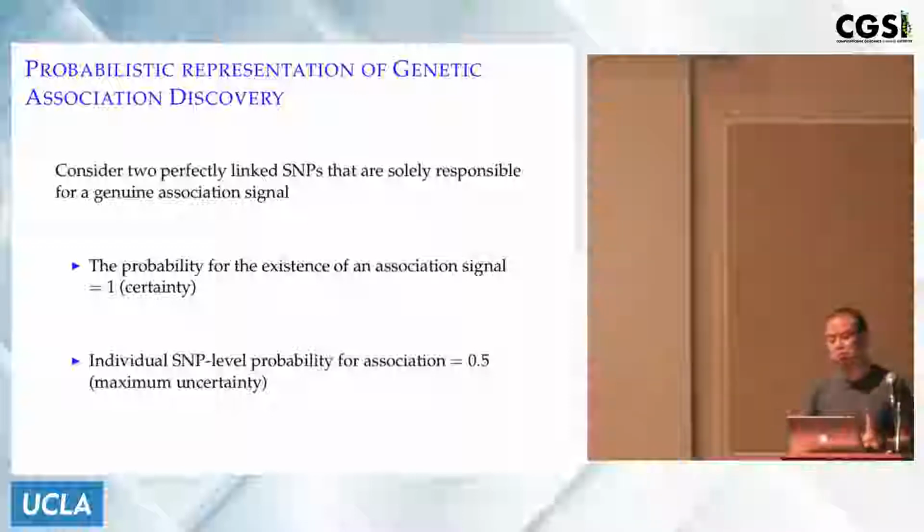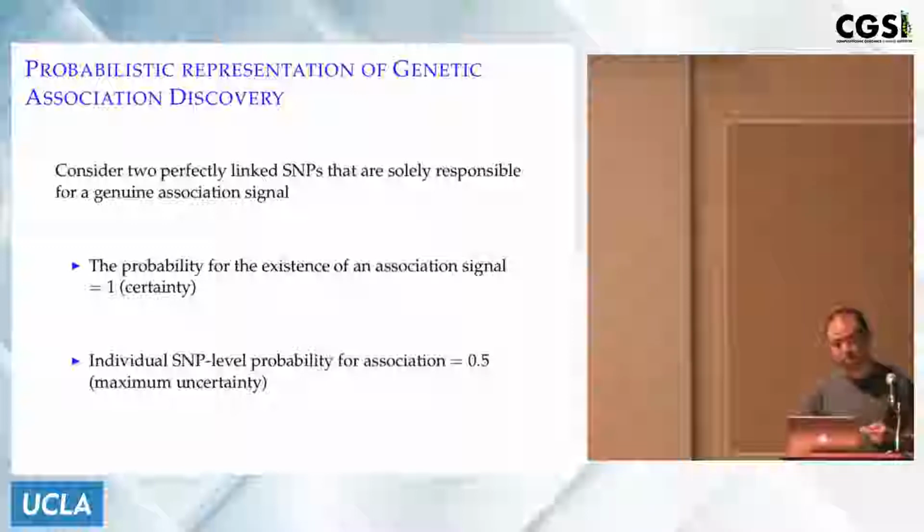Let's make the problem even simpler: they are completely in linkage equilibrium with the remainder of the genome. So one of the SNPs is going to be responsible. The key point here is, based on the association data, you will never know which one is causal, right?